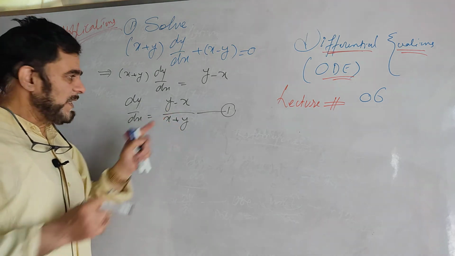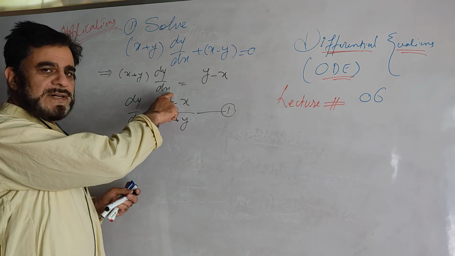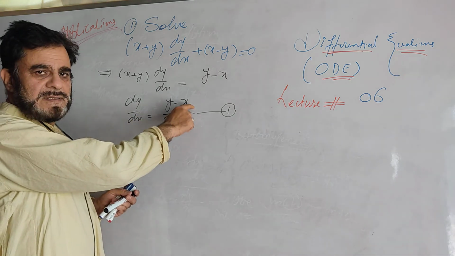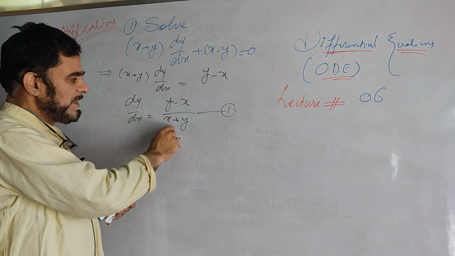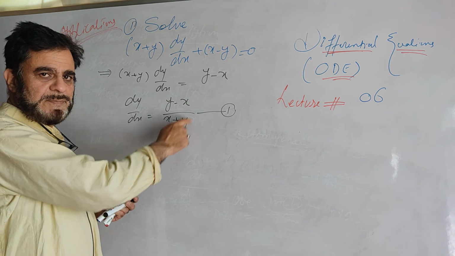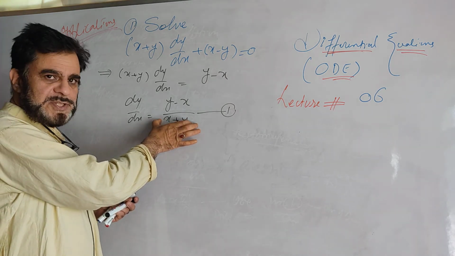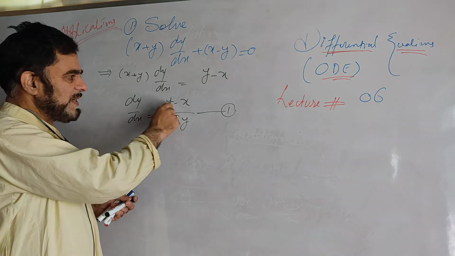On the right side, let us look at the numerator. First term is y of degree 1, second term is x of degree 1. So we say it is homogeneous, numerator of degree 1. Now what is the denominator? x power 1, y power 1. This is also homogeneous. Why is it homogeneous? Every term is of the same order, that is 1, 1, 1, 1, 1.